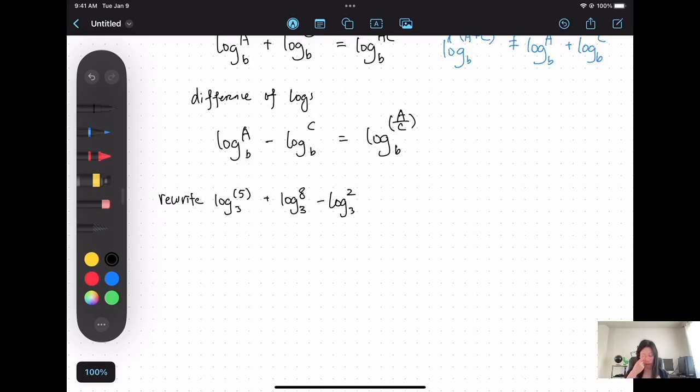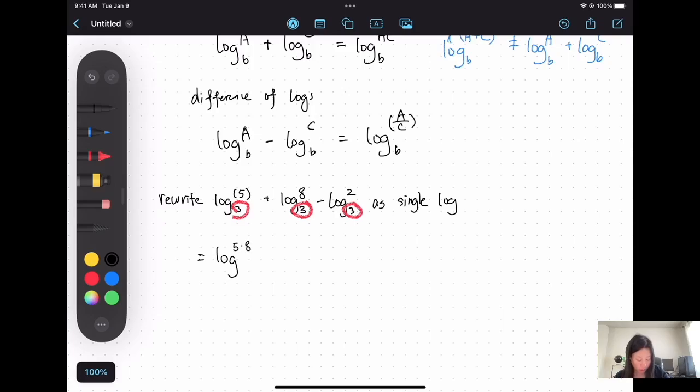So if I want to write this as a single log, or these operations can merge the logs together, the first thing you need to check is, do they have the same base? They all have the base of 3, so that means, yes, these 3 terms can merge into a single log. So I have a log. Addition becomes multiplication.